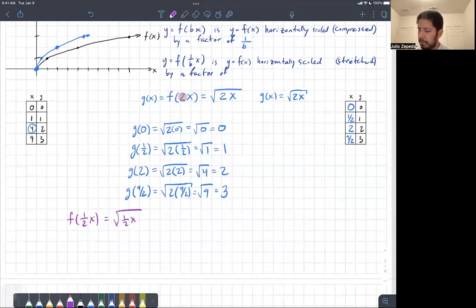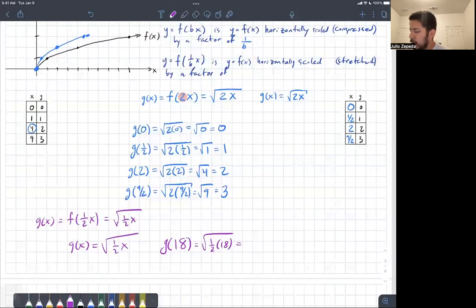So for example, if we call this g of x, if g of x is equal to the square root of 1/2 x, then g of 18, which is 2 times 9, when we plug in 18, it's twice a perfect square, so that when we multiply the number 18 by 1/2, it reduces to half its size, which is a perfect square now, and we get an output value of 3.